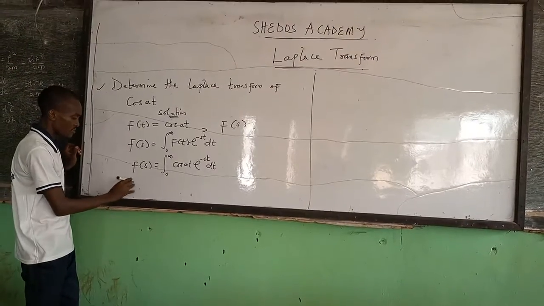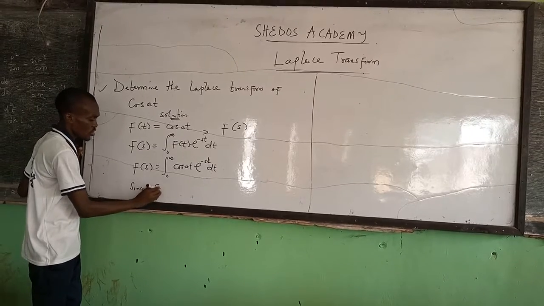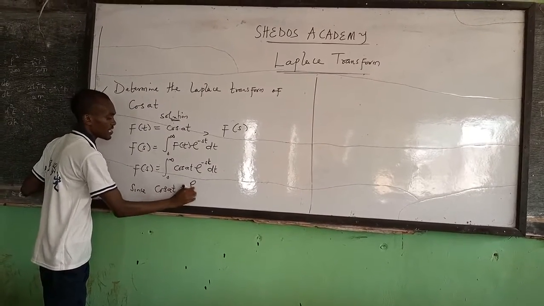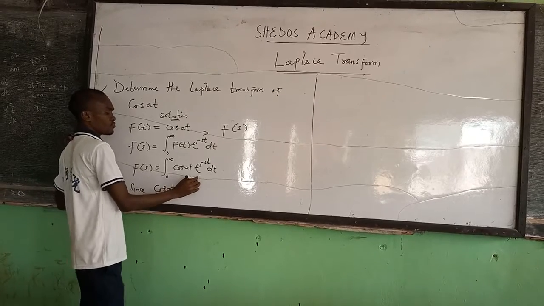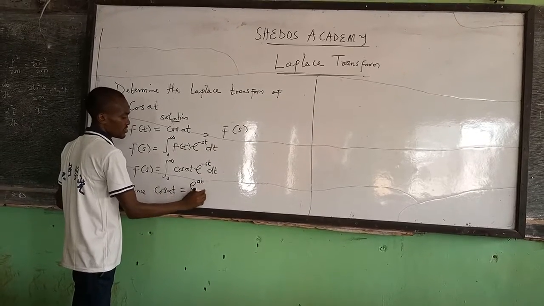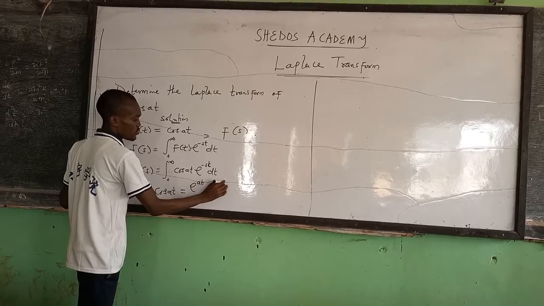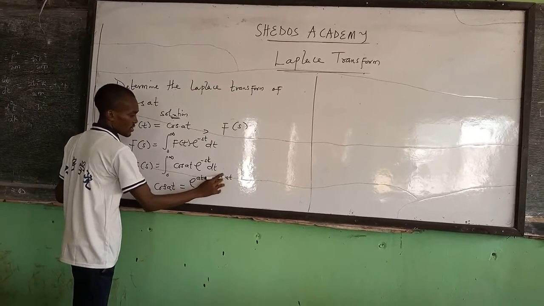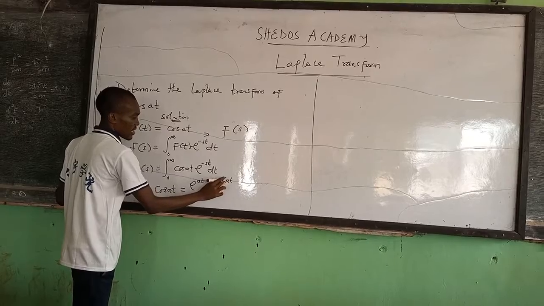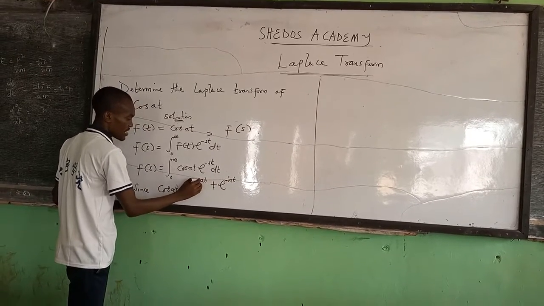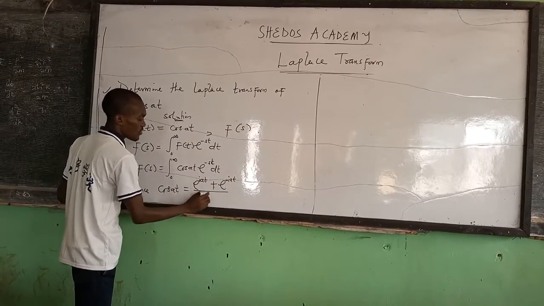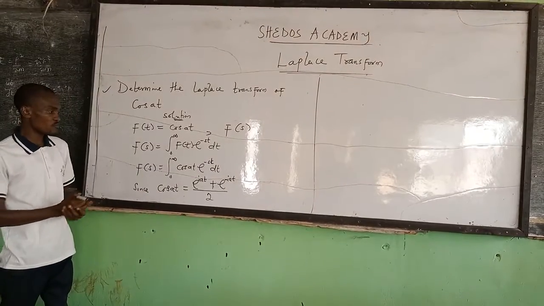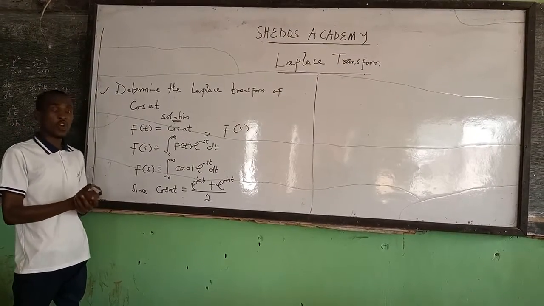Since cos at can be written as exponential iat plus exponential minus iat, over 2, this is a way to express our cos at.